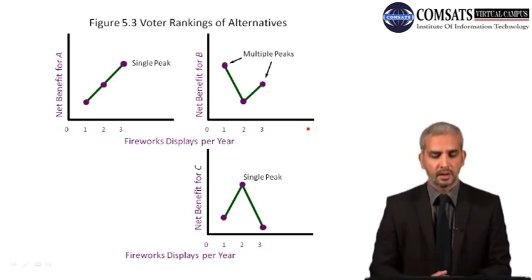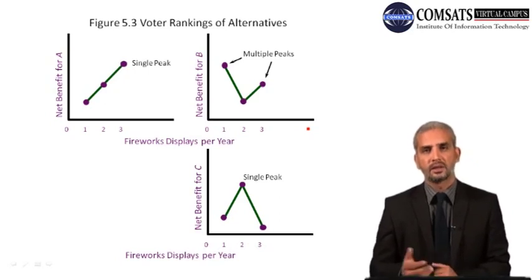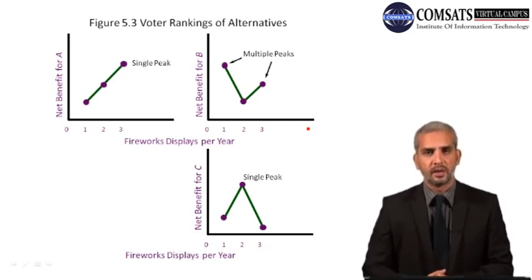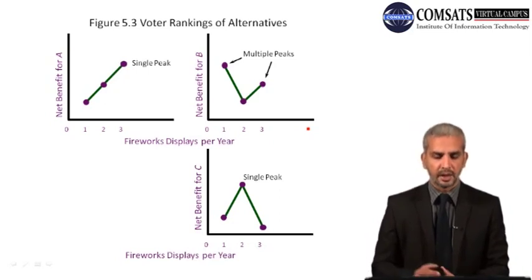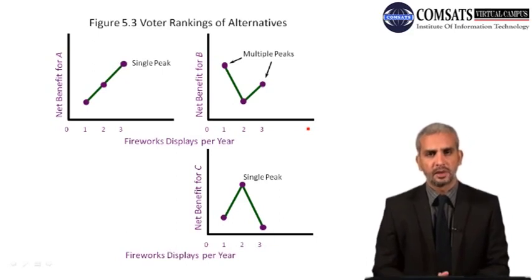This is the graph of voter rankings of various alternatives. We considered 3 individuals, A, B and C, and 3 alternatives: 1 firework per year, 2 fireworks per year and 3 fireworks per year. The fireworks per year are displayed on the x-axis for each individual.